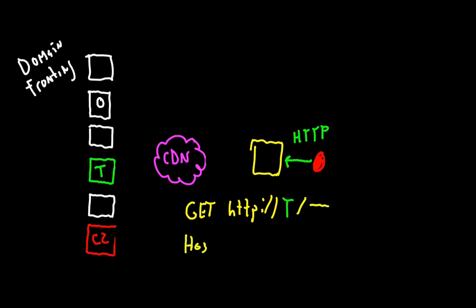And it's going to see a host header with our C2 server specified. Now, some proxy servers will actually see that these two things are different, and it will normalize those values and make the host header T.